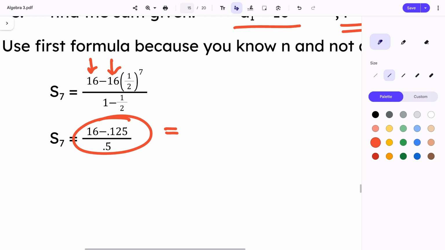43 over 16? Mm-mm. That's 31.75. Good, 31.75.